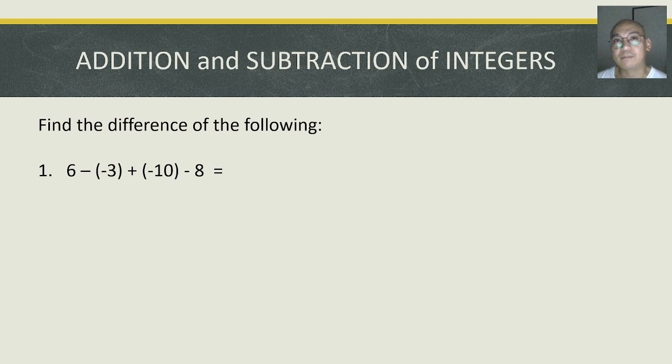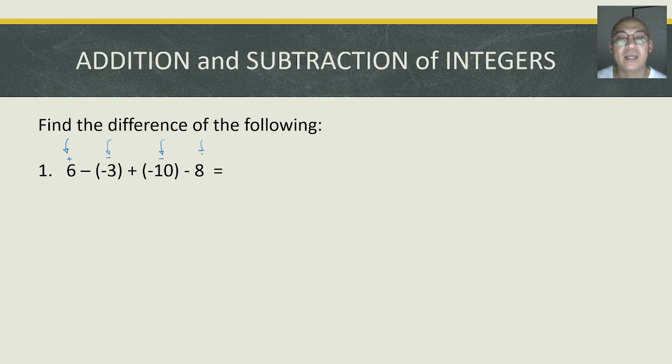Take note that the sign of the given integer, you will find it on the left side of the number. Example, this one, this is positive. This one, this is negative 3. This one is a negative 10.